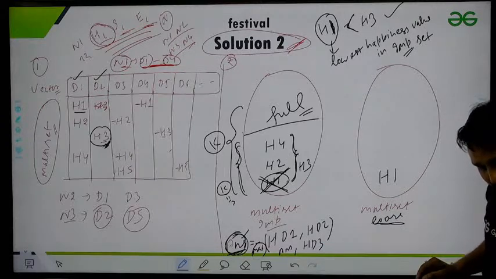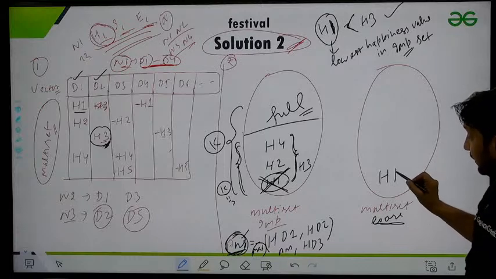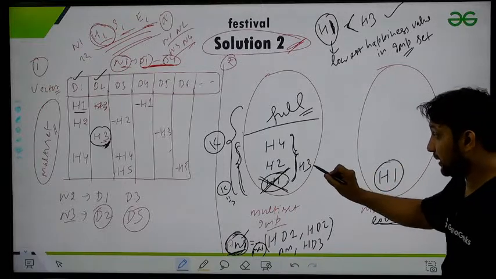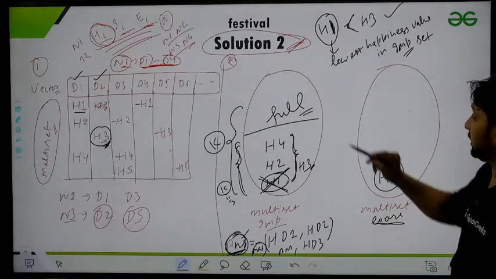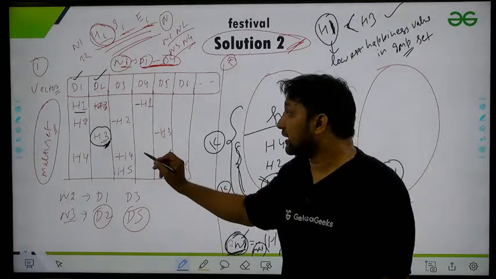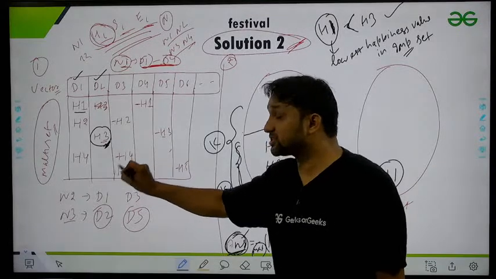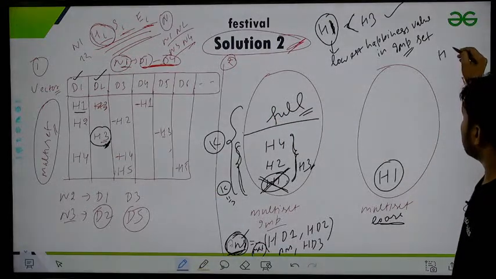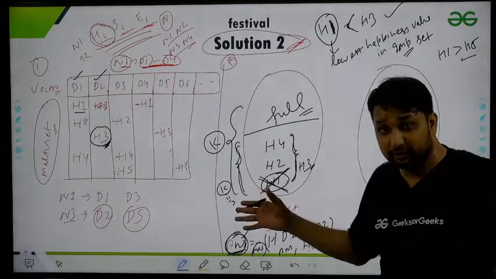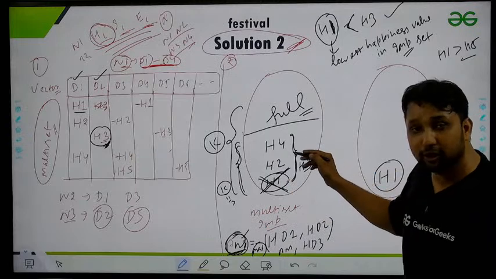Because maybe this H1 is less than H3, but it may have a higher value than other rides, maybe H5. Maybe that H1 has greater happiness than H5. So maybe that can be used later. In that case, I will shift it from here to here.